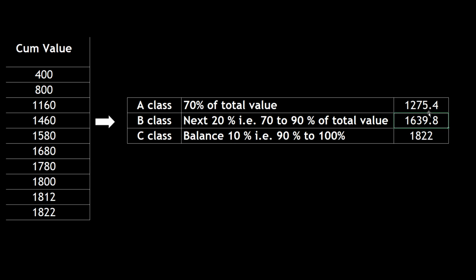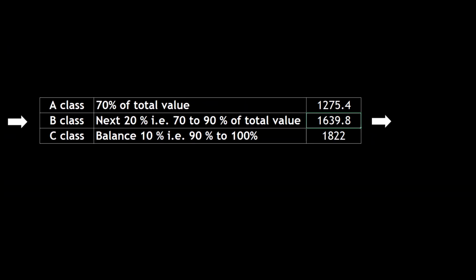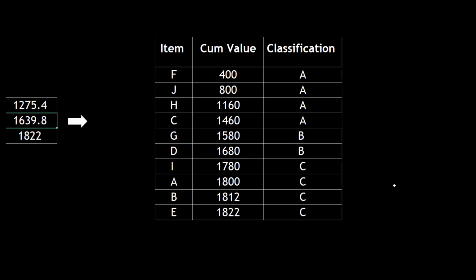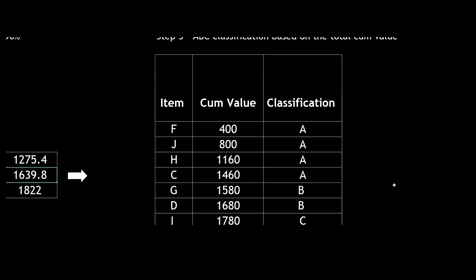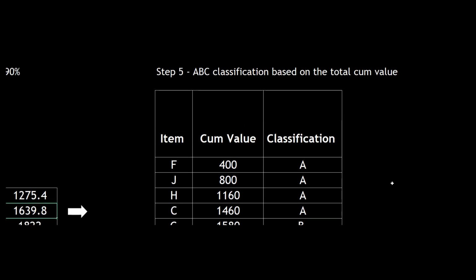Now we need to find out in which item these cutoff values are falling. The next step is to do the ABC classification based on this. If you look at 1275, it is more than this, more than this, more than this, but less than this.